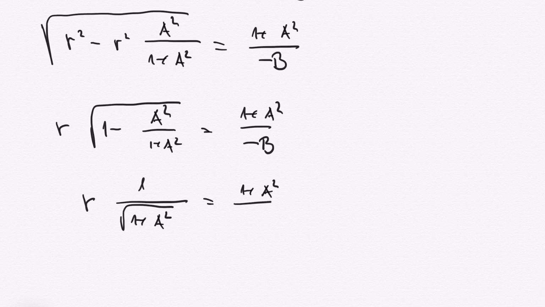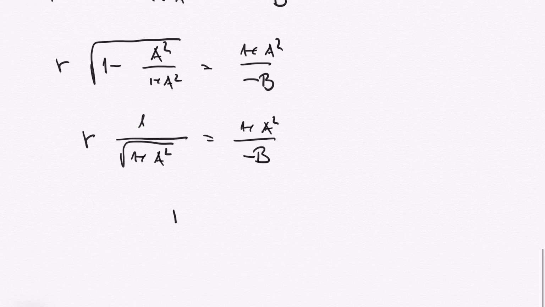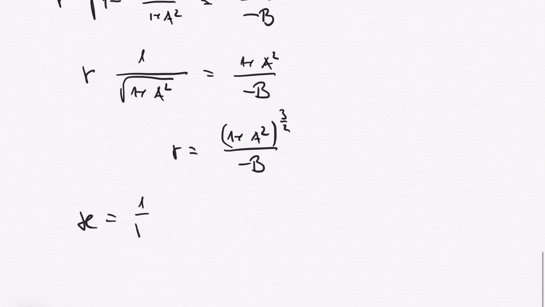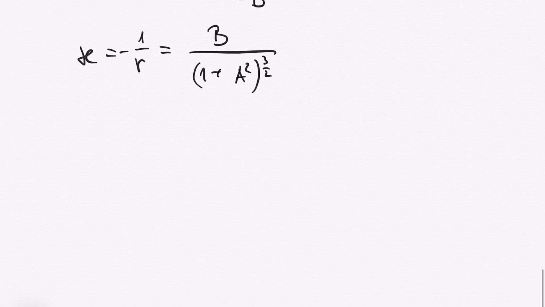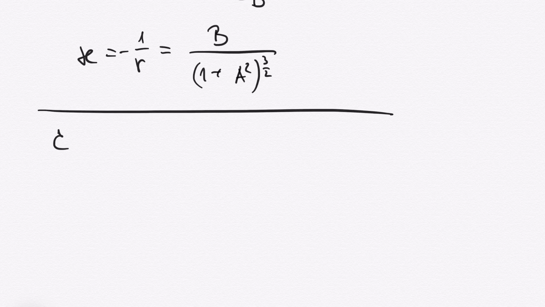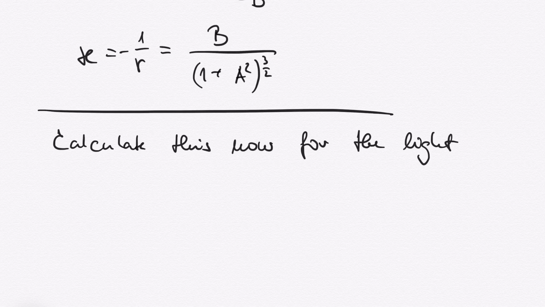We still can rewrite the left hand side, and then we arrive at the simplest expression for the right hand side. Now kappa equals minus 1 over r. This is correct with the minus sign. Curvature is minus 1 over r, and this is the formula. B, I recall, is the second derivative and a is the first derivative.